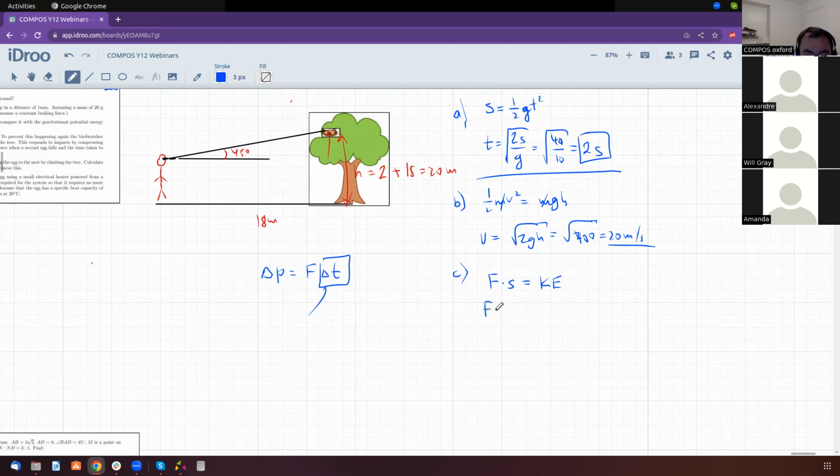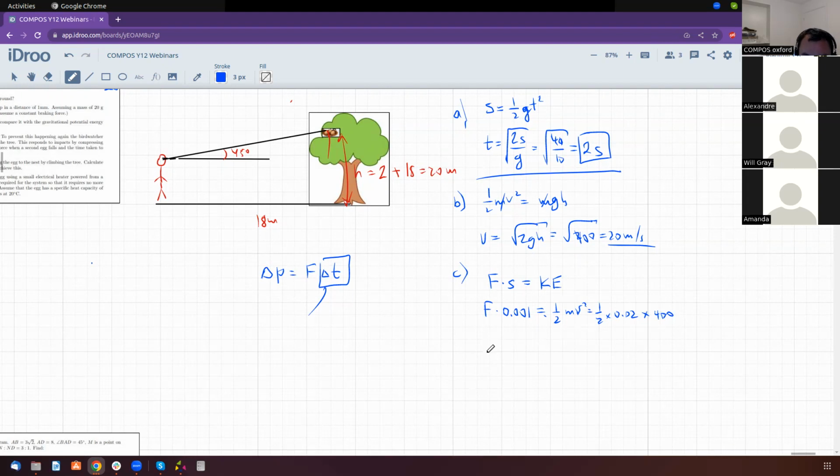So the force multiplied by 1 millimeter, 0.001 meters, is equal to the kinetic energy, which is 1/2 mv squared, which is 1/2 multiplied by 0.02, that's the mass of the egg, 20 grams, times 400.